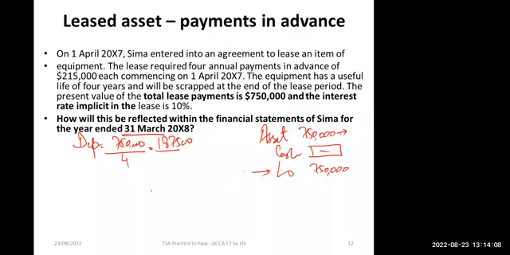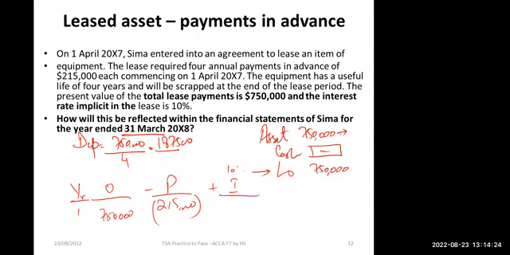The lease obligation will be based on the amortization table. Obligation at start is 7,50,000. Less payment of 215,000. Then interest will be charged at 10%.